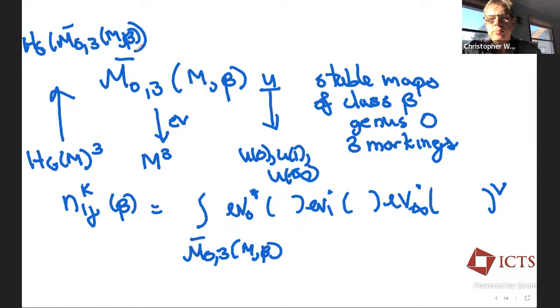Hello, Chris. Just naively speaking, I wanted to ask in terms of counts, what are we counting? Are we counting curves which are invariant under G or something? It's more complicated than that.